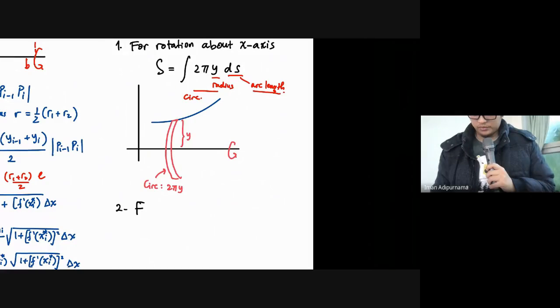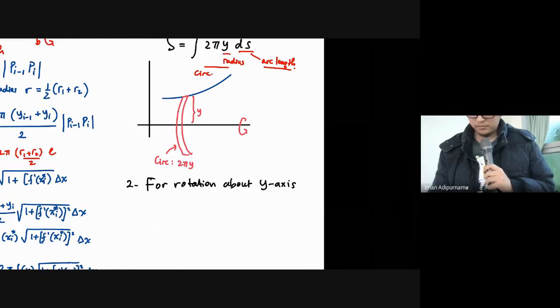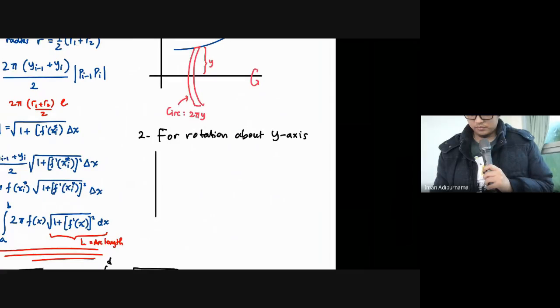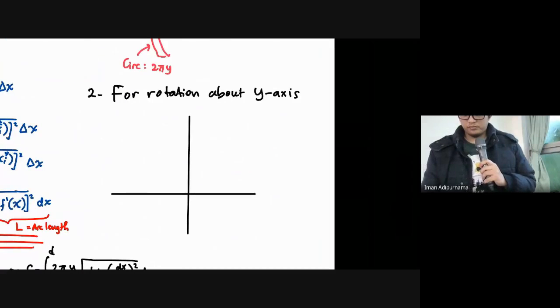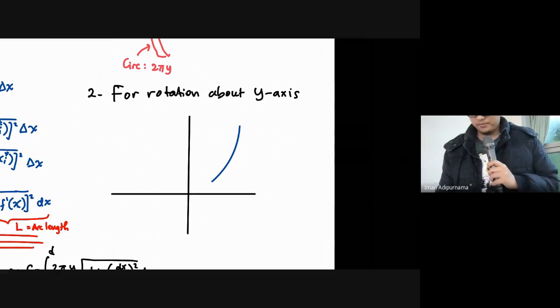And for rotation about the y-axis, okay, let's say that is the function.